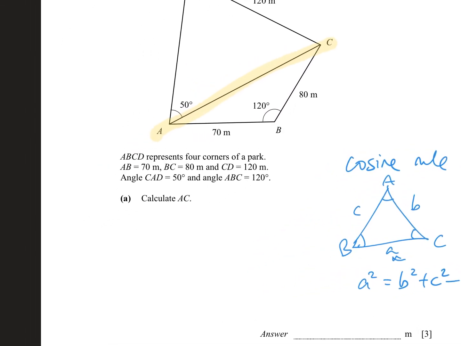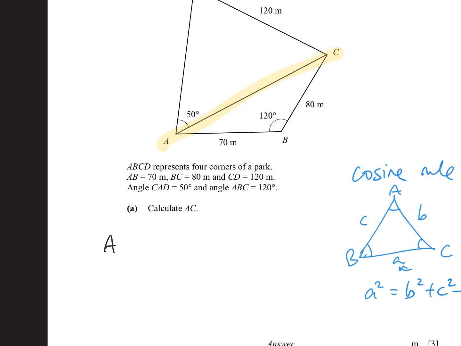So let's write that down. AC squared equals 70 squared plus 80 squared minus 2 times 70 times 80 times cosine the angle in between.